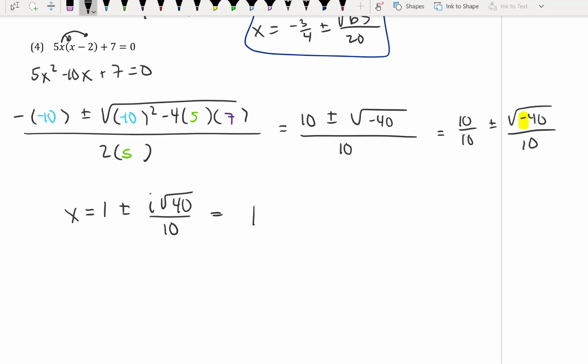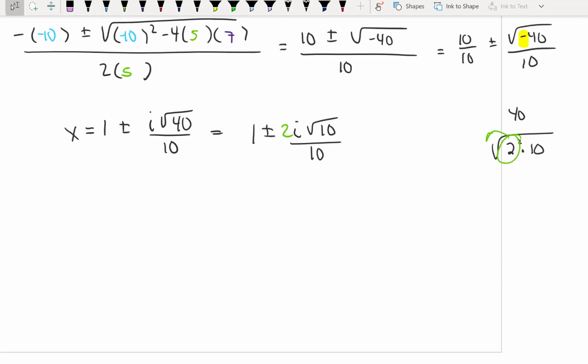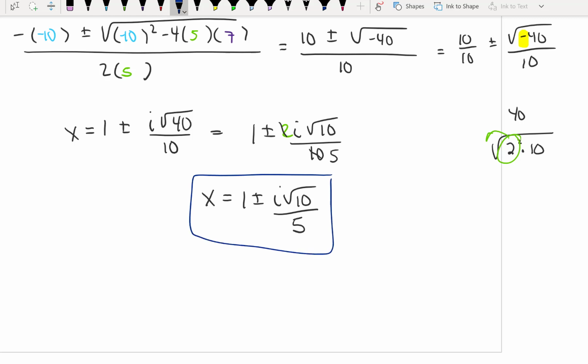And you can simplify that, because 40 can be broken down as 2 squared times 10, so that the 2 can jump out. And so now I'm going to have 1 plus or minus, and the 2 and the 10 cancel, so you have i square root 10 over 5. And that is about as simplified as you can get with this answer.